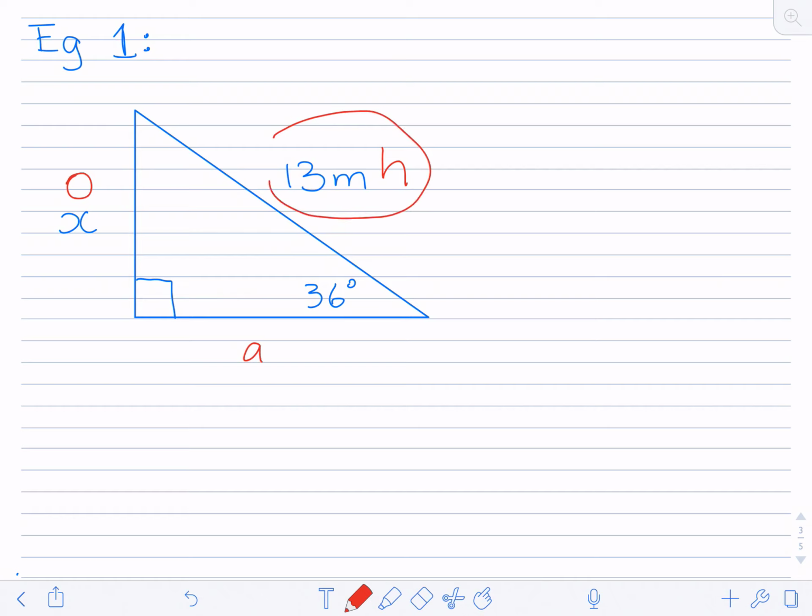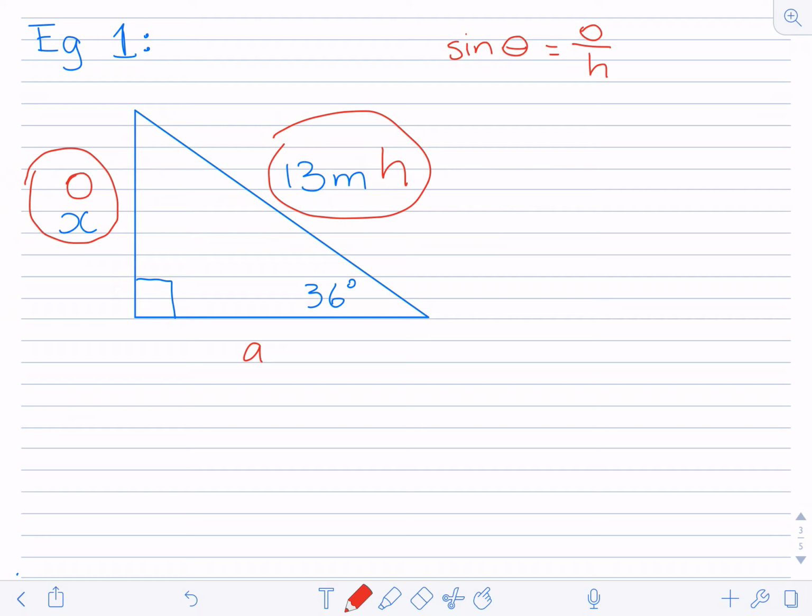I'm using H, because there's a 13 there, and I'm using O, because there's an x there. Now, which one of our trigonometric ratios uses O and H? SOH, CAH, TOA. So it's sine. So we first write our trigonometric ratio, sine theta, or angle, equals opposite over hypotenuse.